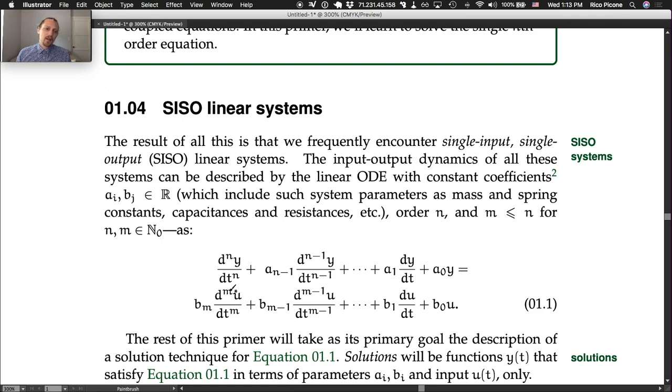So n and m here are the derivative orders, right? So it's saying that n has to be greater than or equal to m. And what do we have here then?